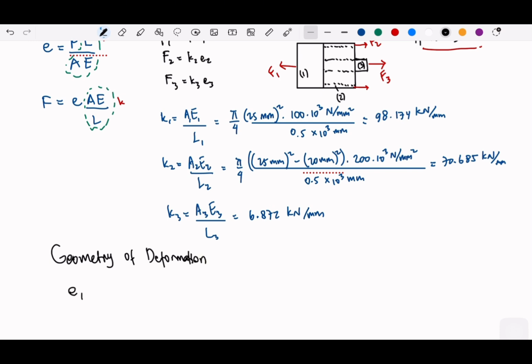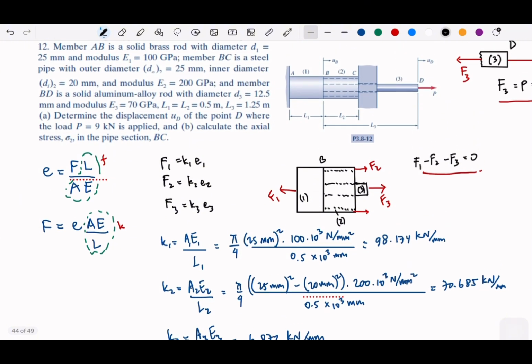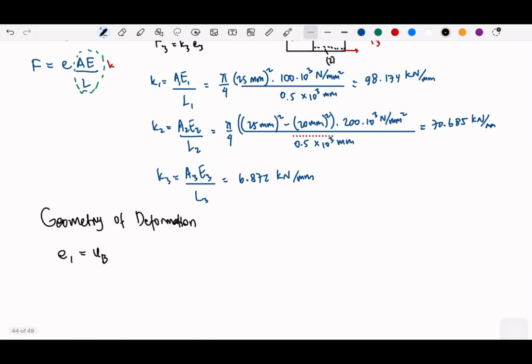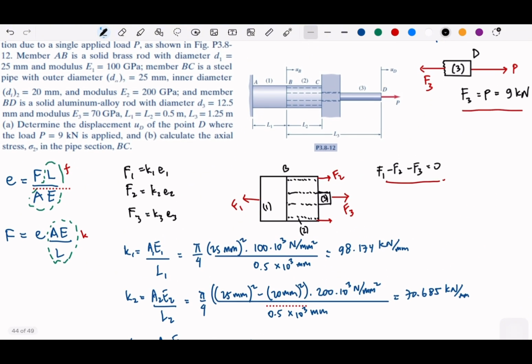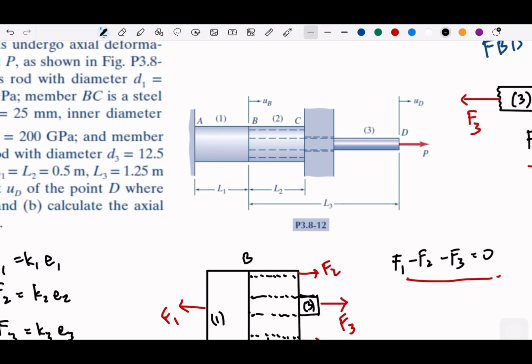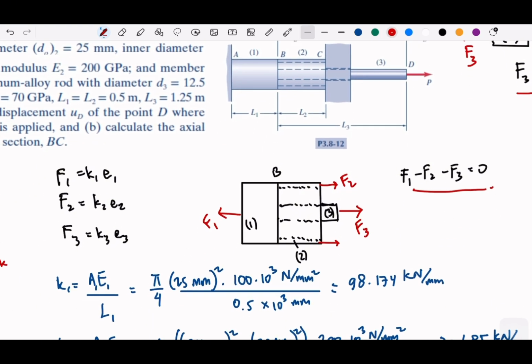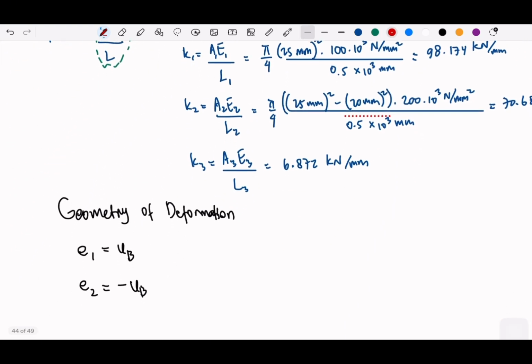Our E1 is exactly the displacement of UB. Since E1 is going to be increased, the element 2, from our picture here, is going to be the negative part of UB. Because it's going to be increasing over there, element 2 will be decreased. So E2 is negative UB.